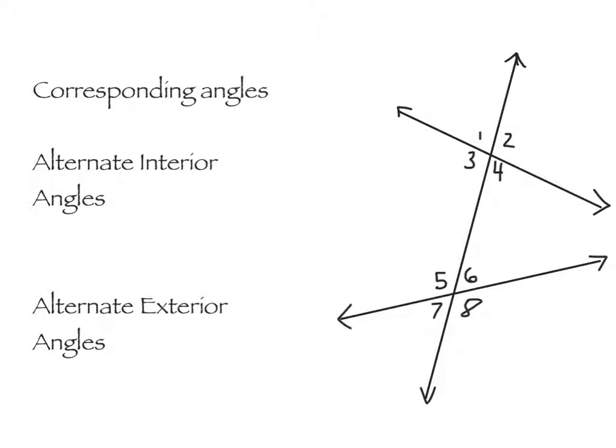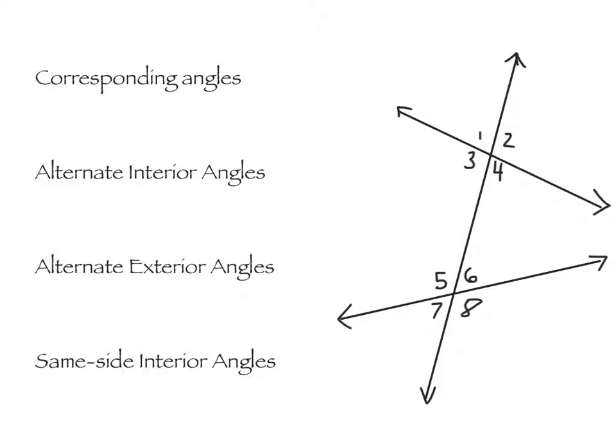We also create 4 other angle relationships: corresponding angles, alternate interior angles, alternate exterior angles, and same side interior angles. First, you need to know what interior and exterior are. We're talking about interior and exterior based on the 2 lines. Again, this is my transversal. All of my angles are along the transversal.